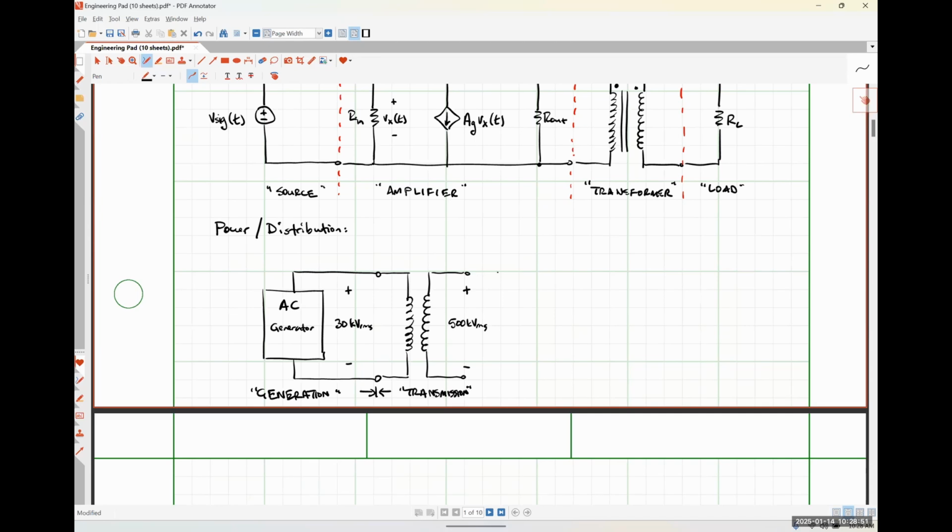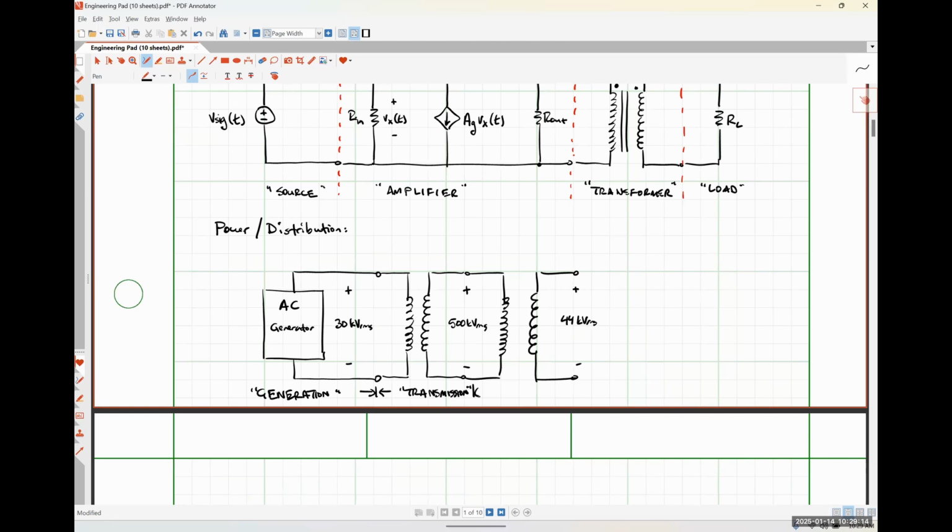Then we'd probably run this into yet another transformer, but this one is going to be a step down. So this would be like an industrial voltage level. So maybe something in the ballpark of 44 kilovolts RMS, right?